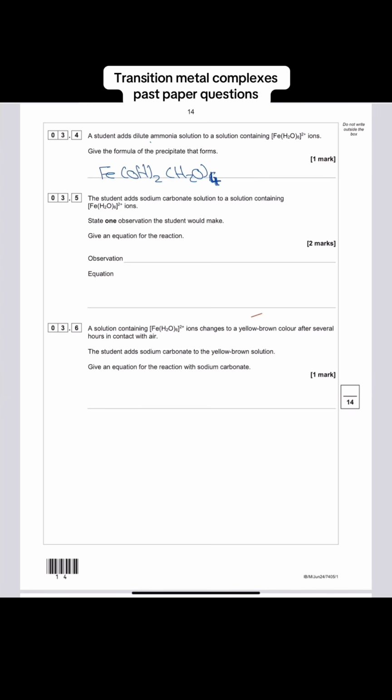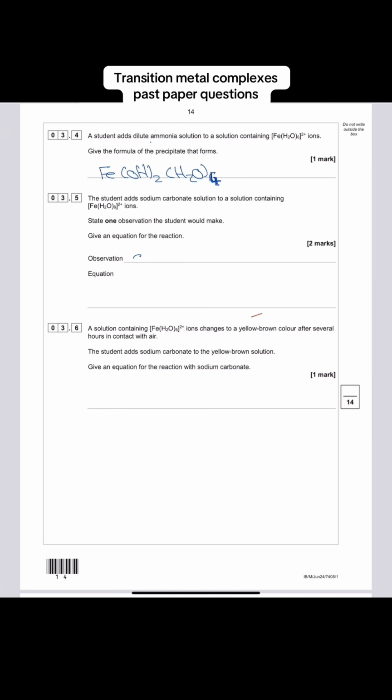The student then adds sodium carbonate to a solution containing the aqueous iron 2 plus. State one observation the student would make. We know that with the iron 2 plus, when you add the carbonate, it will give you the carbonate of the iron, which is a green precipitate. But if it's iron 3 plus, it's going to be a different thing, which is going to be the following question.